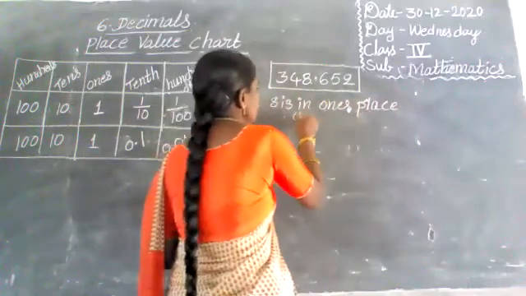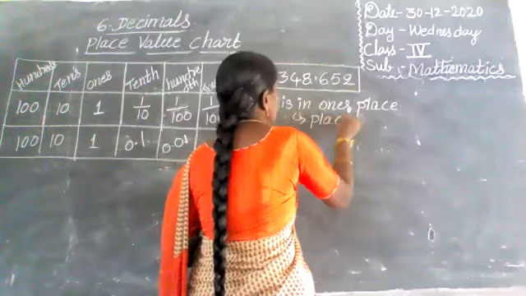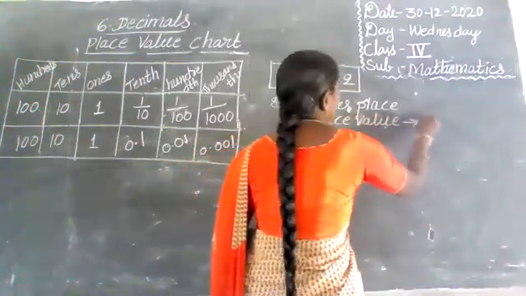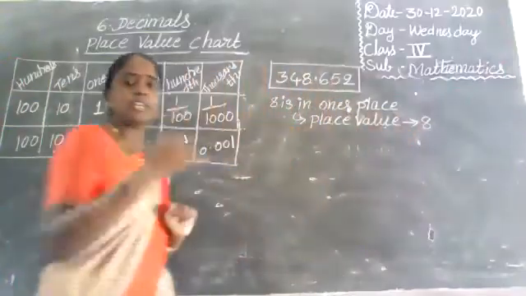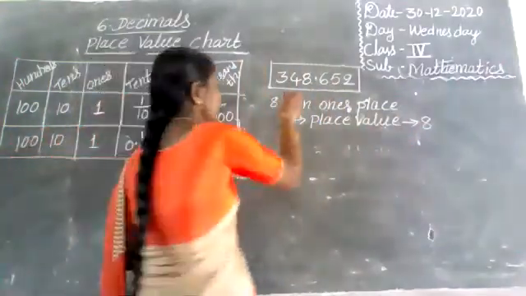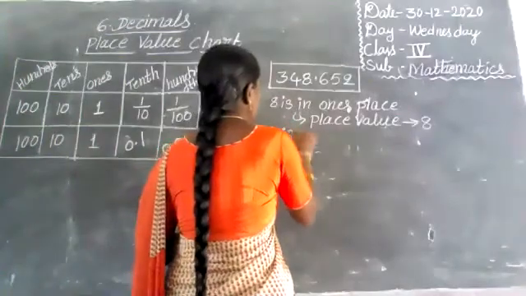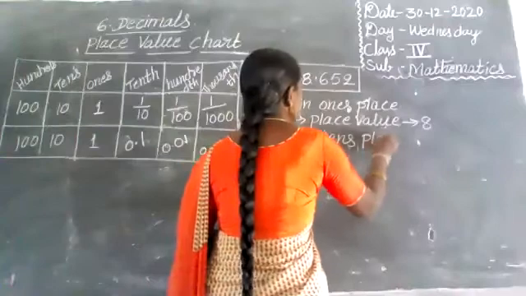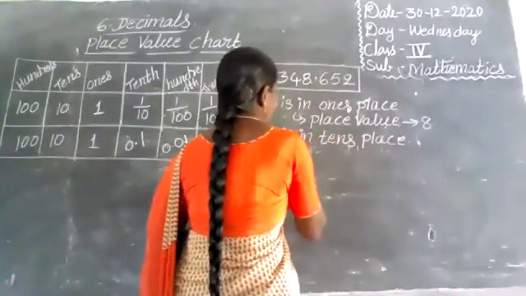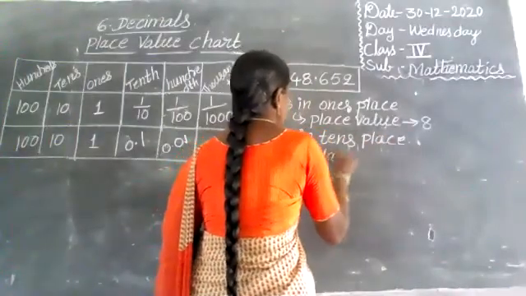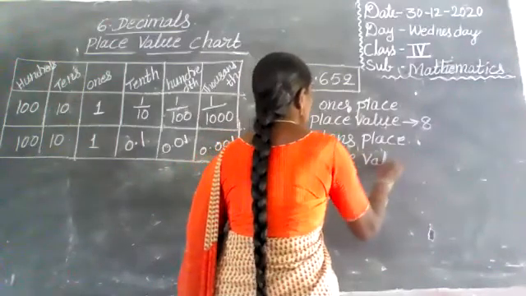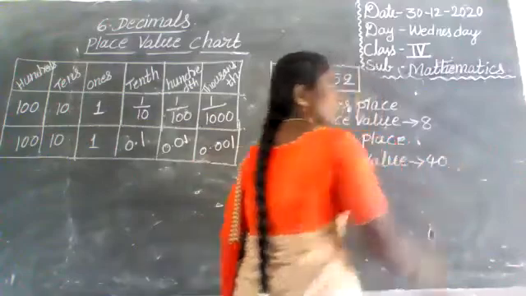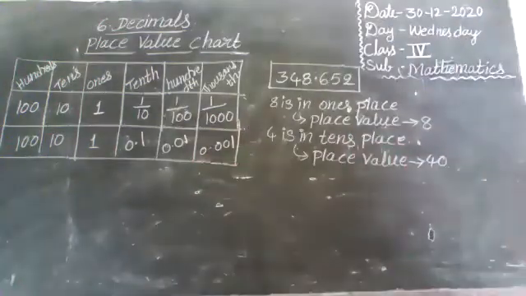8 is in the ones place, so the place value is 8. Next, 4 is in the tens place, so the place value is 40. 4 tens are 40.